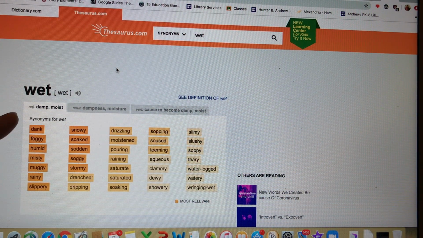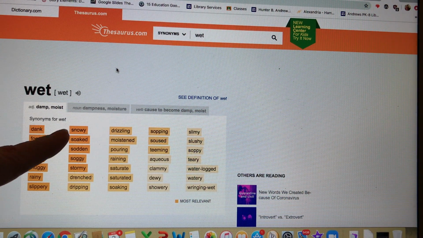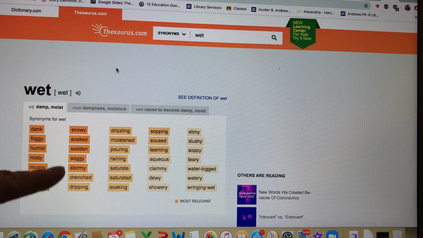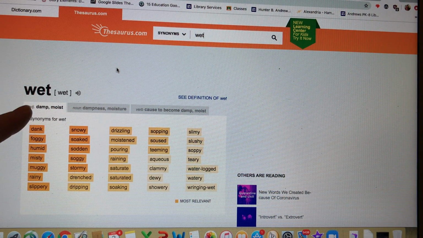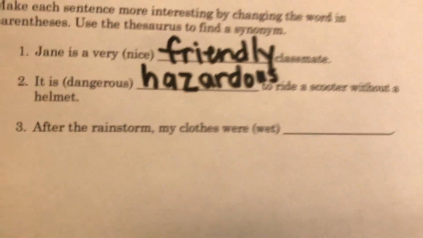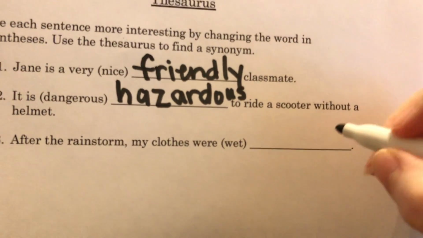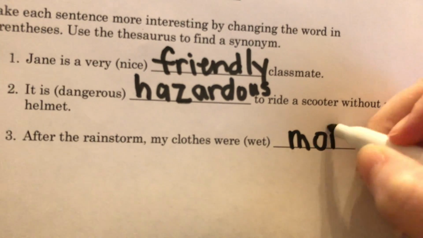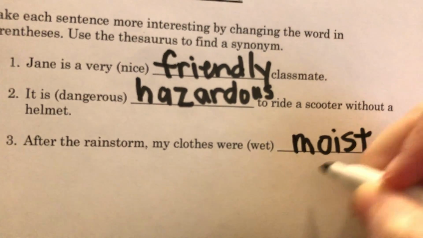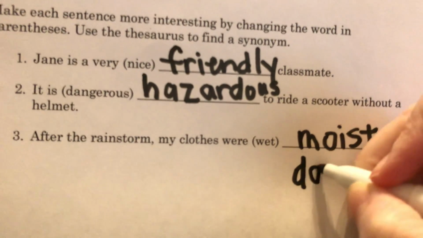We also have dank, foggy, humid, misty, muggy, rainy, slippery, snowy, soaked, sodden, soggy, stormy. But I like damp or moist. So let's put moist. I like moist. Okay, so let's go over here. We will do, after the rainstorm, my clothes were moist. Or if you choose to, you could say damp.